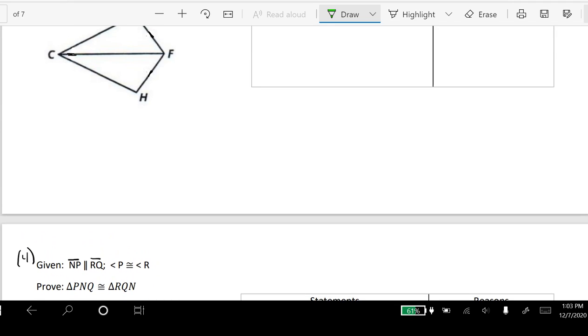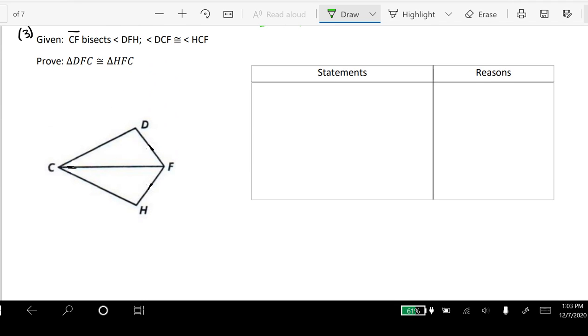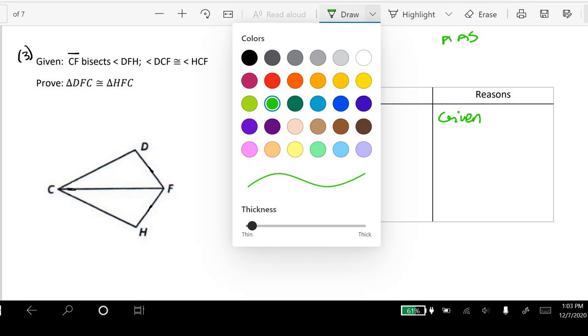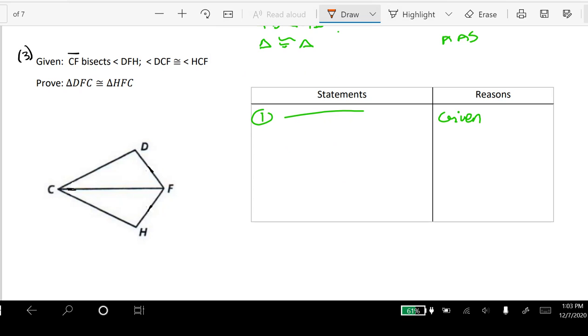I guess I'll go with the angle bisector one. So for number 3, it says CF bisects DFH. So I'm going to again write my given, first step in any proof, and I'm going to mark my picture. So I have CF bisects DFH. So here's DFH, and this bisects it.